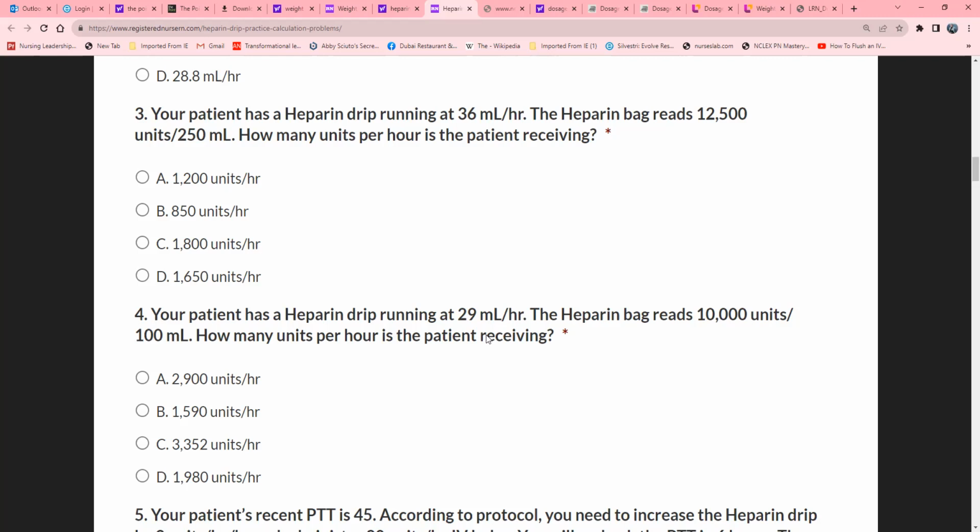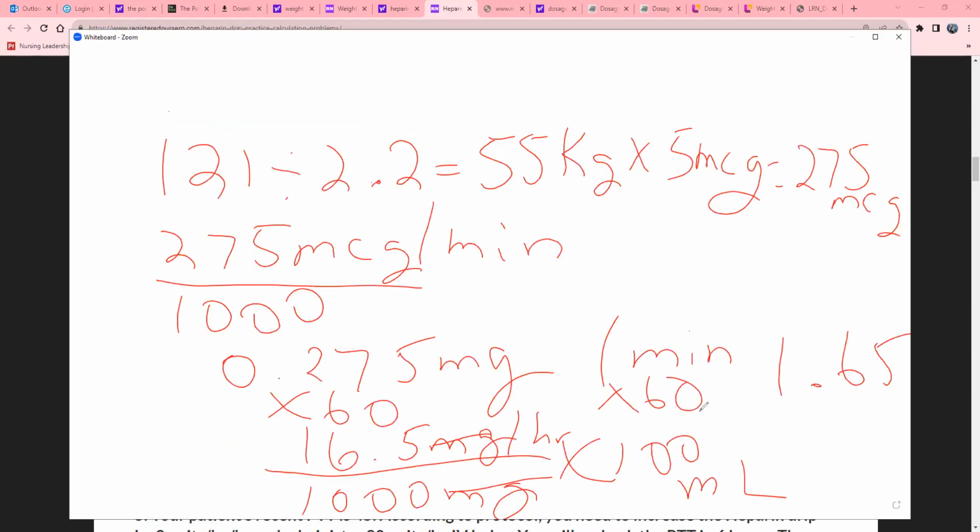And then it's saying you're going to get 36 mLs per hour. So if there's 50 units per mL and you're giving 36 mL per hour, you take your 50 and multiply that times your 36. 1,800.